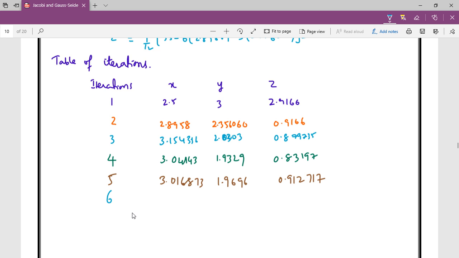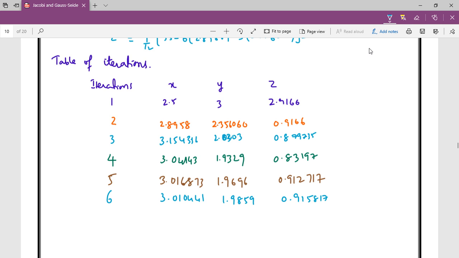In the sixth iteration, the x value is 3.010441, the y value is 1.9859, and the z value is 0.915817.